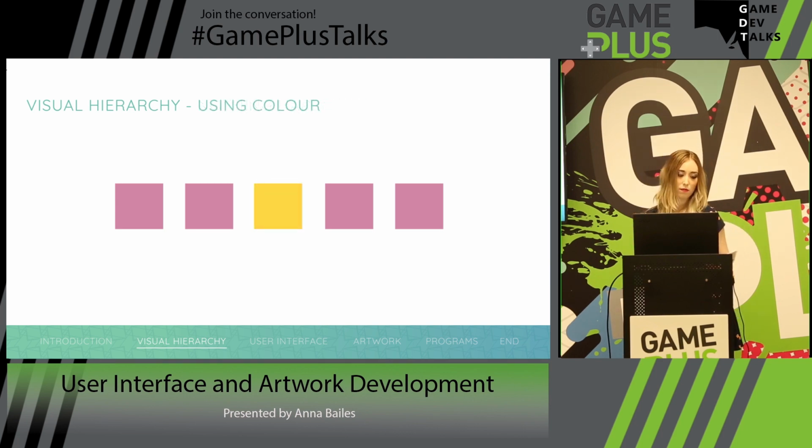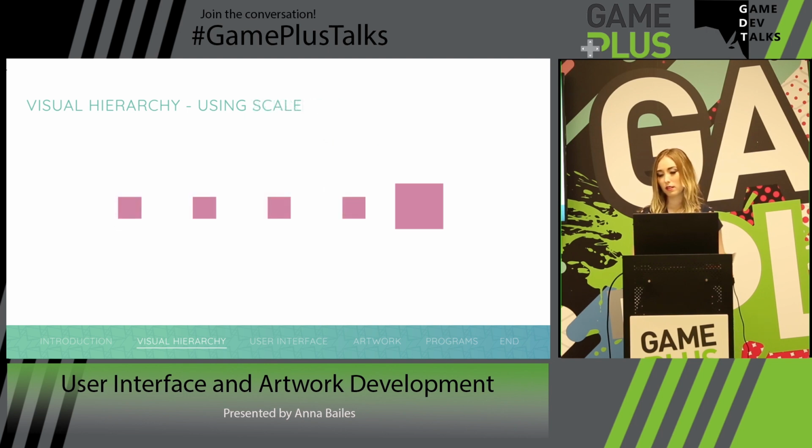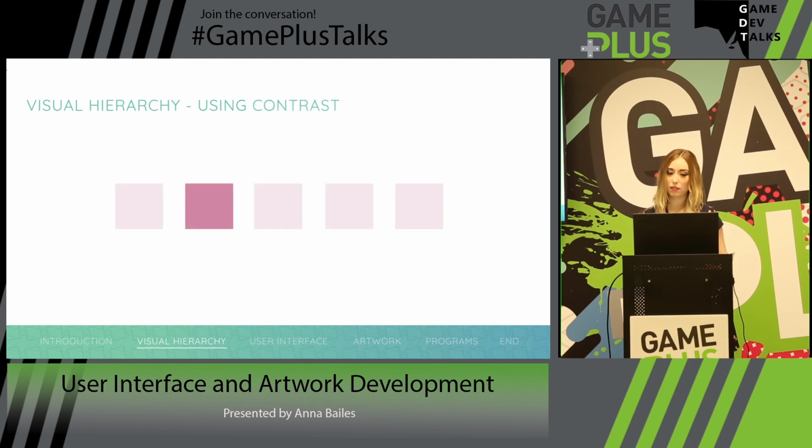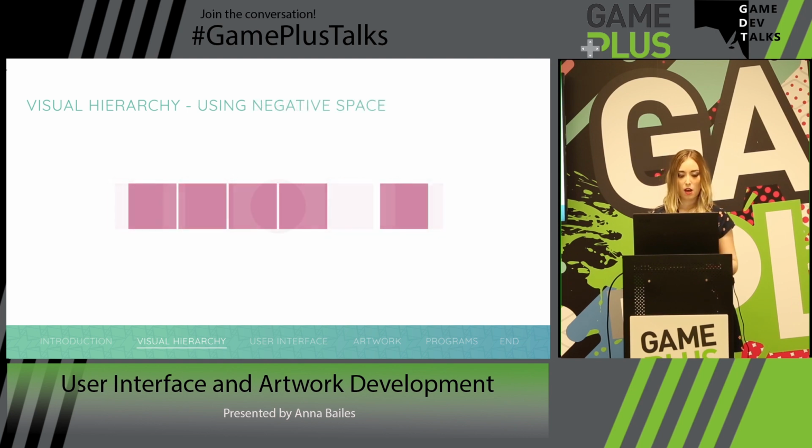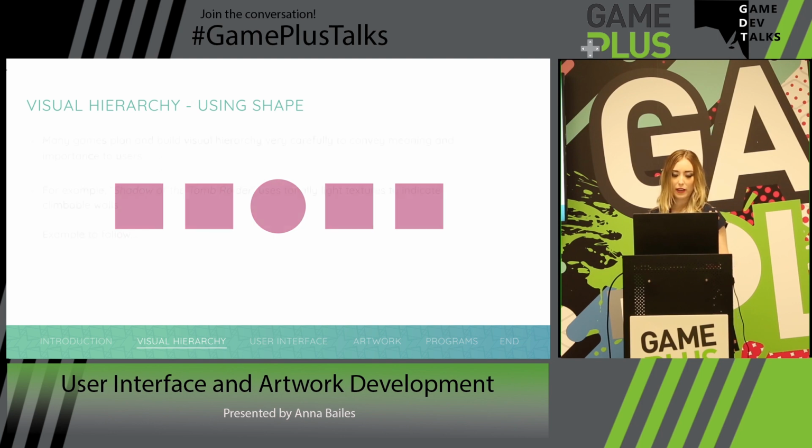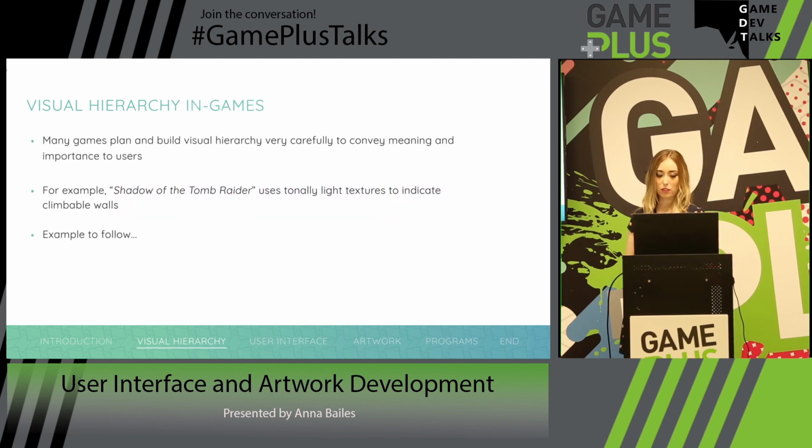Color, alignment, scale, contrast, depth, negative space, and shape. Although I didn't tell you to look at a specific square, your eyes would have looked around the screen.